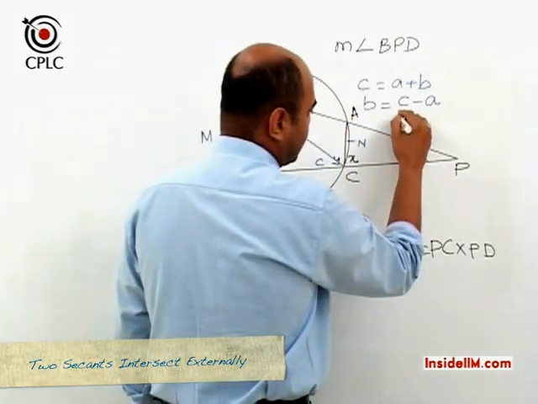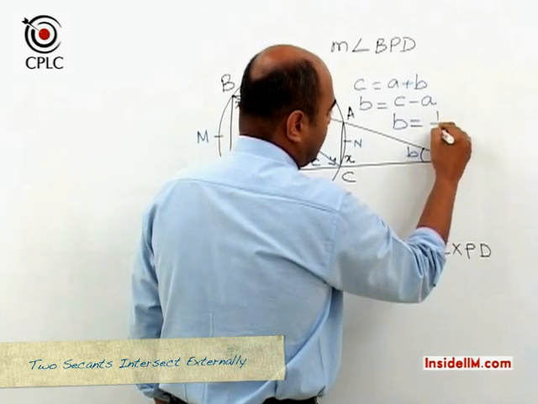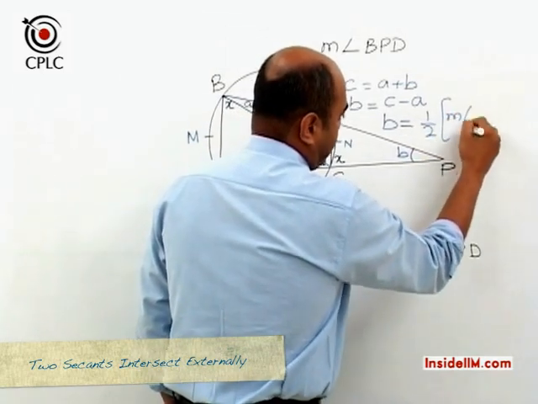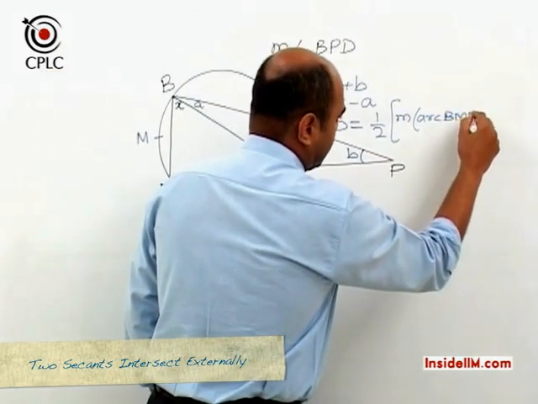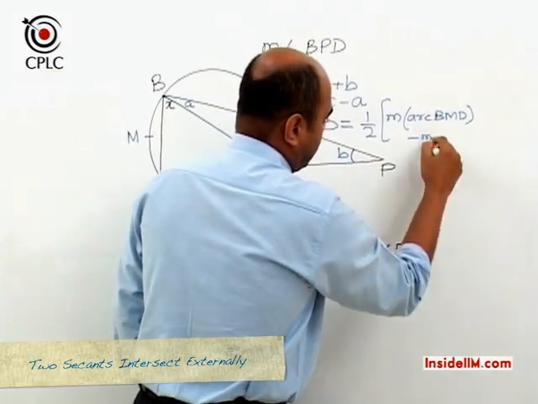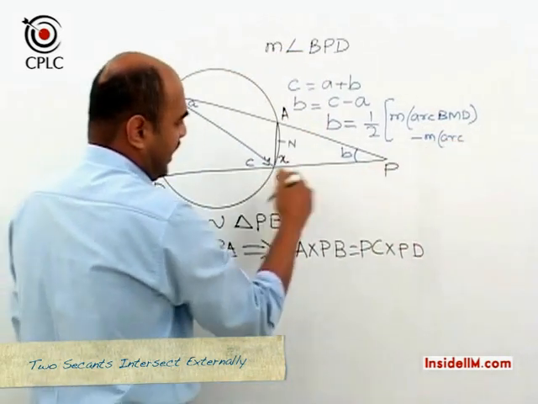So if we were to write this formula, angle B would be half of measure of arc BMD minus measure of arc ANC.